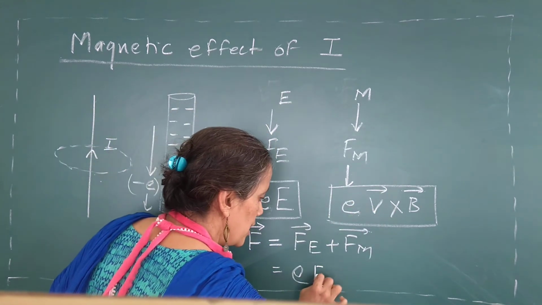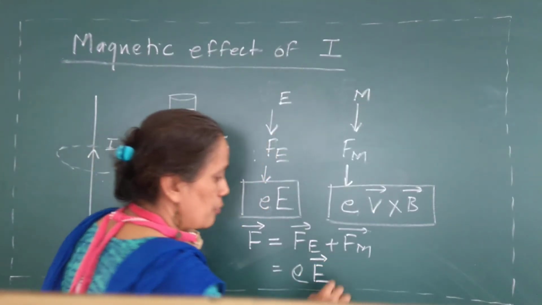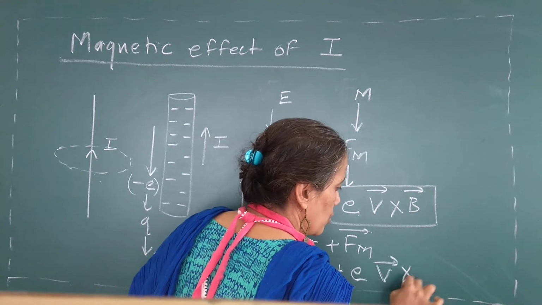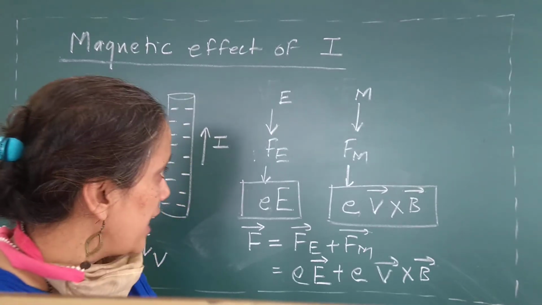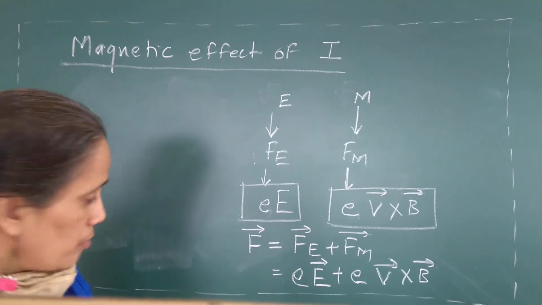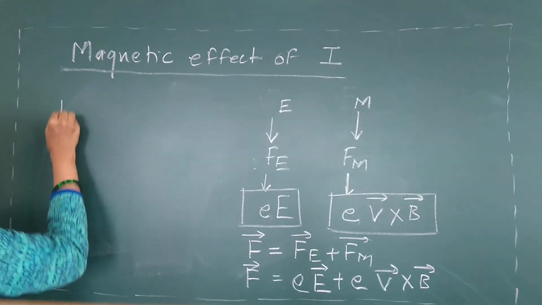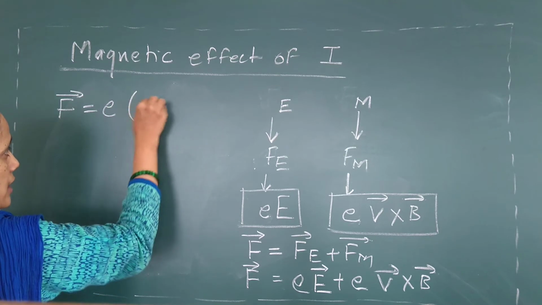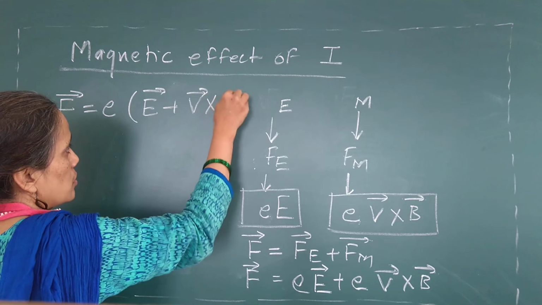So the magnitude of electric force is eE and the magnitude of magnetic force is e vector v cross vector B. Now from this equation, if I take e as a common factor, I will write vector F is equal to e into bracket vector E plus vector v cross vector B.